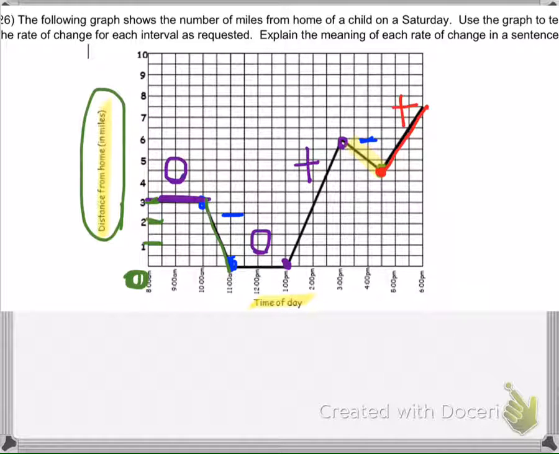You're getting further and further from home. So when it goes down, it means he's getting closer to home. The negative in this problem means you're returning to home. Whereas if the rate of change is positive, it means you're going away from home, increasing your distance from home.